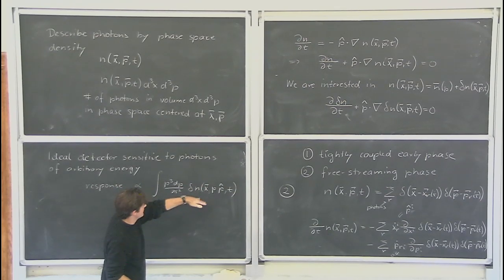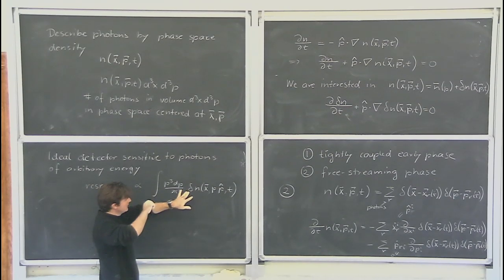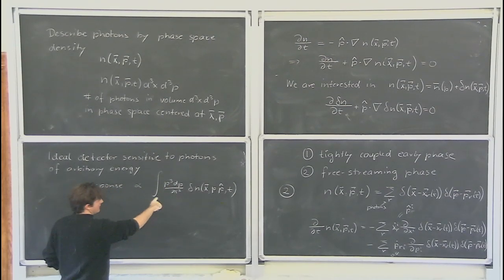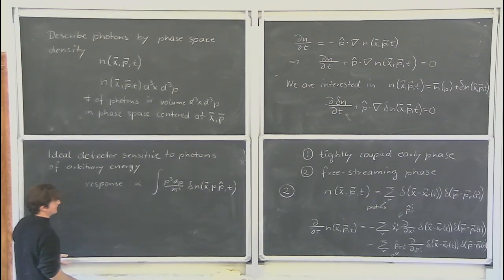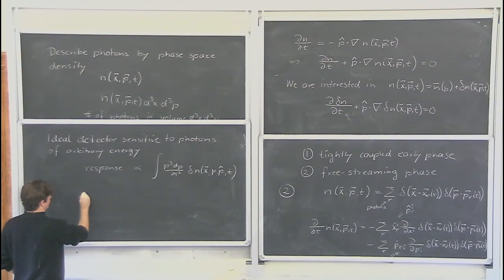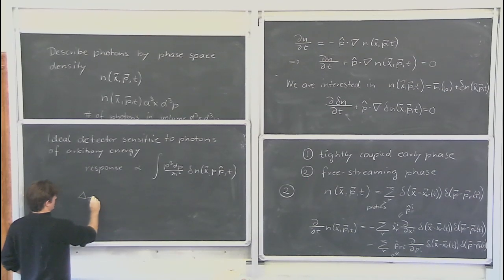Usually there's a beam convolution, and in practice there's a band pass, so it's not really equally sensitive to photons of arbitrary frequency, but in our idealized case we can write the response as proportional to this. And so that suggests that it's useful to introduce a variable that looks like this.